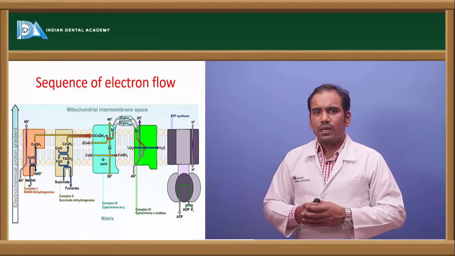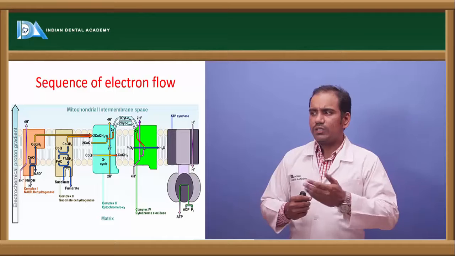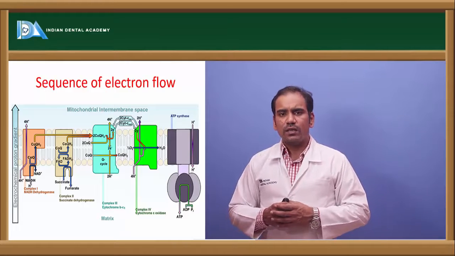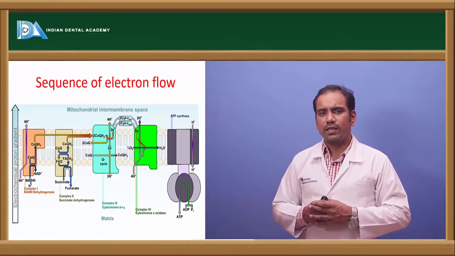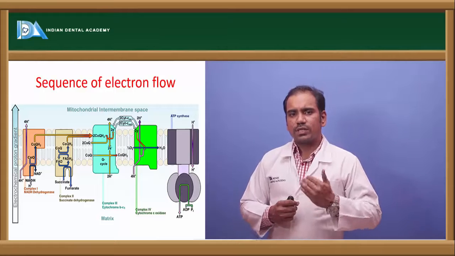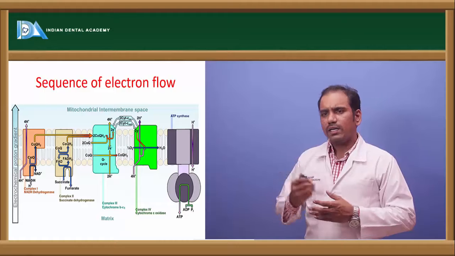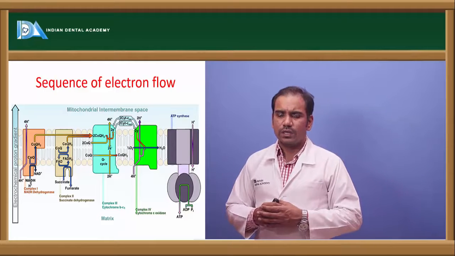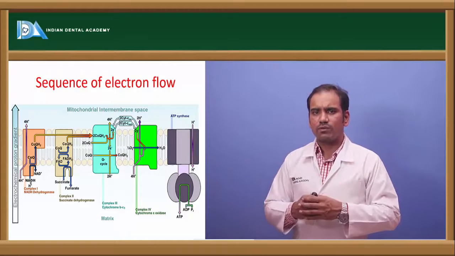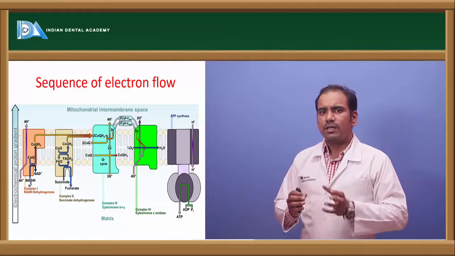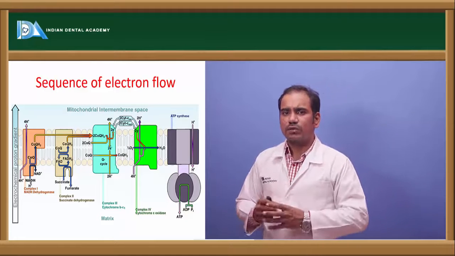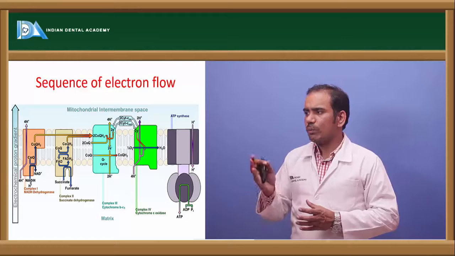In the same way, succinate dehydrogenase is the reaction in the citric acid cycle which catalyzes the conversion of succinate to fumarate. There FADH2 is generated, and in beta oxidation also FADH2 is generated. Wherever FADH2 is generated, it donates electrons to the electron transport chain through complex 2.